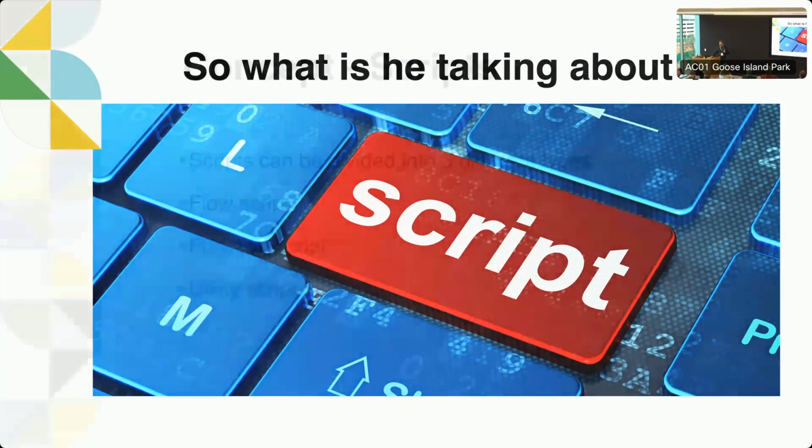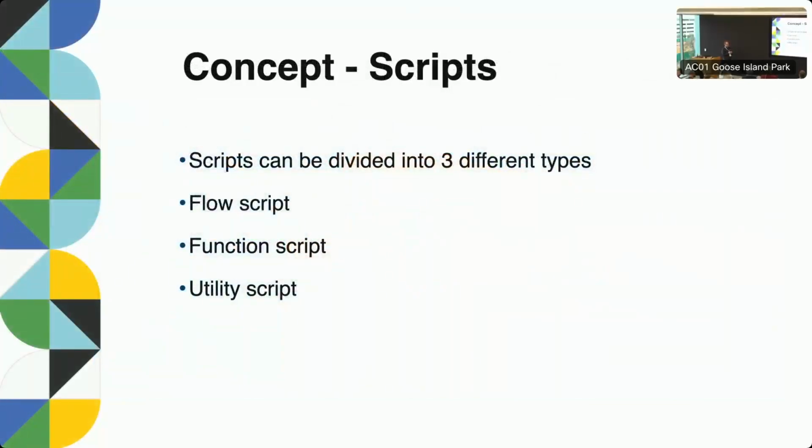So let me go into the concept of the scripts here. Now I'm not saying that there are only 3 types of scripts, of course, but for the purpose of looking at modular code, I really think we are into 3 types of scripts.